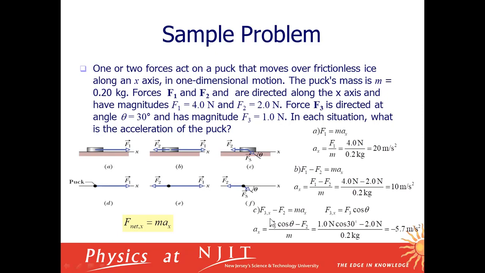Now, to further simplify the equation, to determine your acceleration at the x-axis for letter C gives us F3 cosine theta minus F2 all over M. Plugging in the values gives us negative 5.7 meters per second squared.